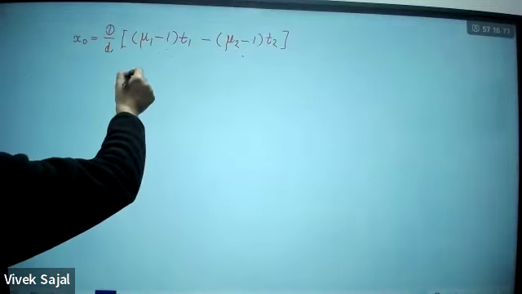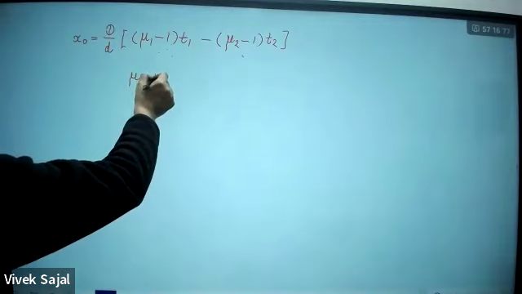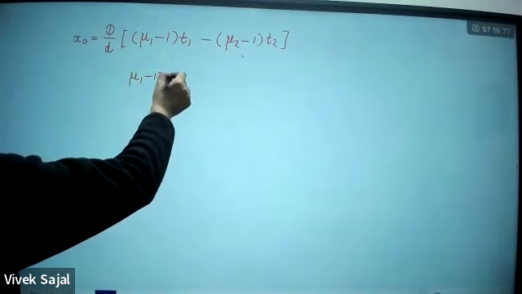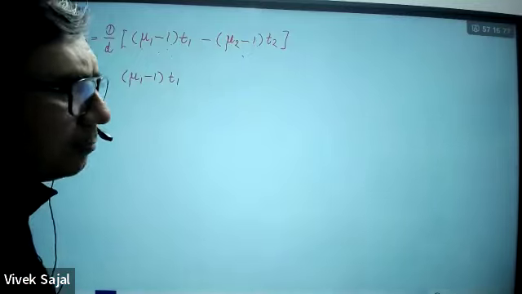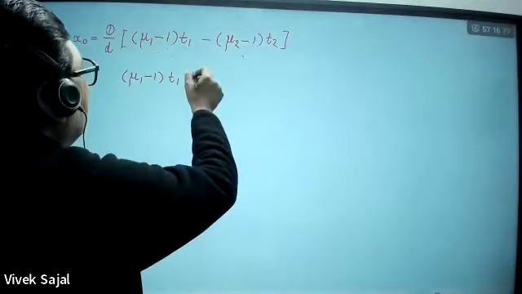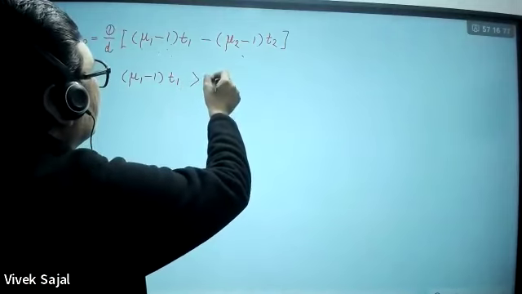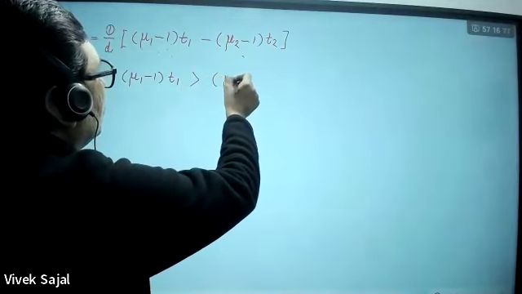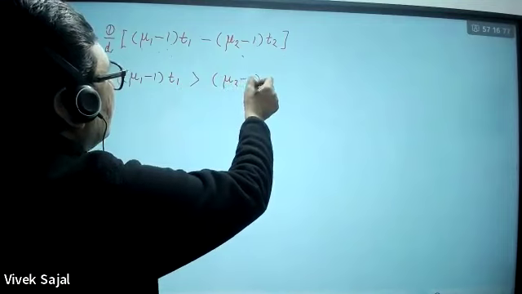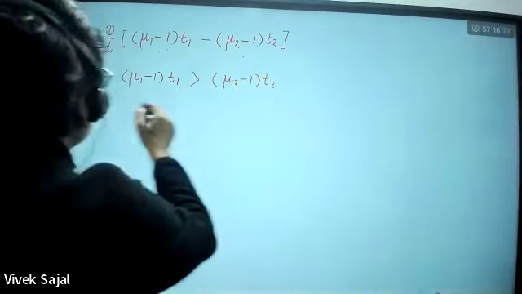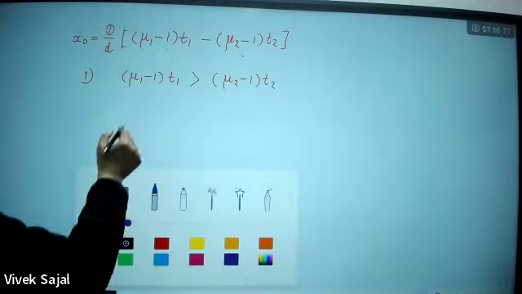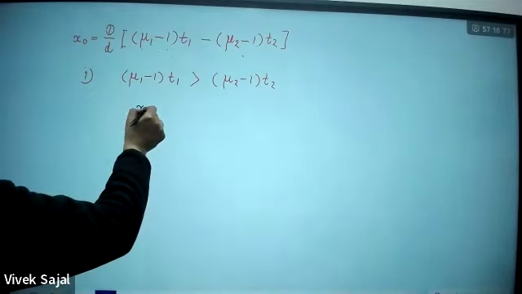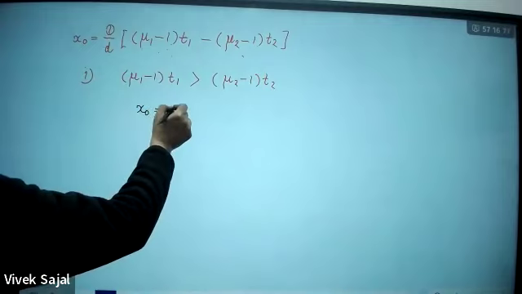So what I'm writing here: if mu1 minus 1 into T1, the extra path introduced by the first glass plate in front of S1, is greater than mu2 minus 1 into T2, then x naught will be positive.